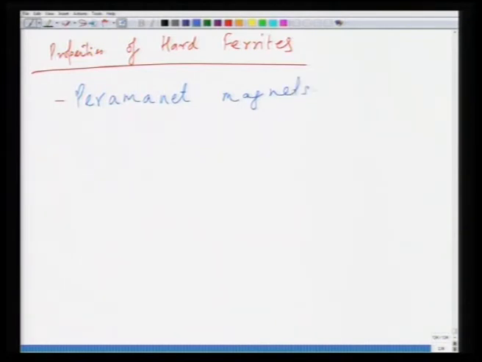Which means they need to have large coercivity. The coercivity of these materials is typically higher than 100 to 150 kiloampere per meter, and they are called hard because this is very high as compared to your soft counterparts.